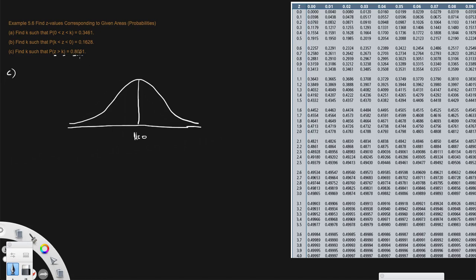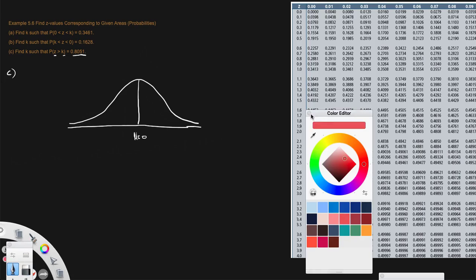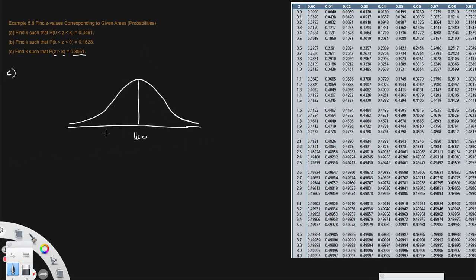The first thing I notice is that my probability should definitely be something higher, because if this is 0.5, this is 0.5, and everything is equal to 1, and I have 0.8, I can see that my z is quite a high value. But first you'd draw your k, because they say that your Z is greater than k, which means that your limit should be on the lower end here.